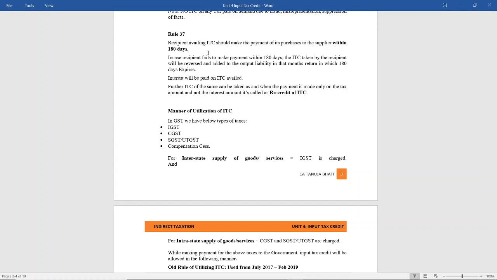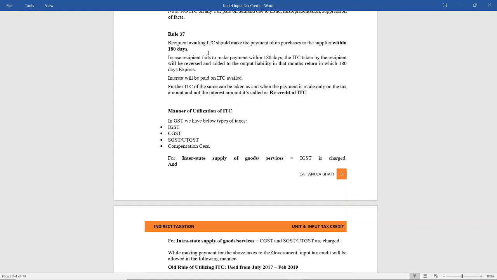Next, once I have made some purchases, I have to make the payment for those purchases. Purchases are usually made on credit. As a dealer, I should make sure that I make the payment to the supplier within 180 days. If I fail to make the payment to the supplier within 180 days, whatever ITC I had availed will be reversed. I will lose the ITC I have taken.